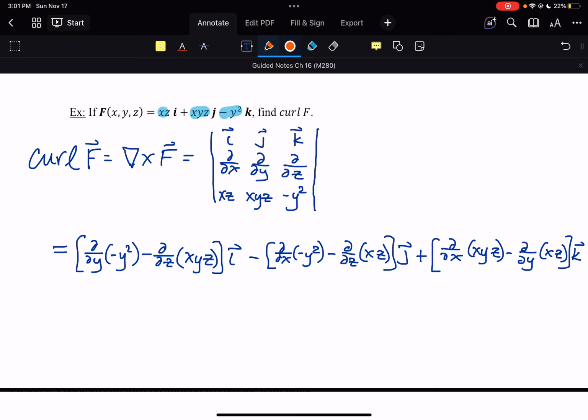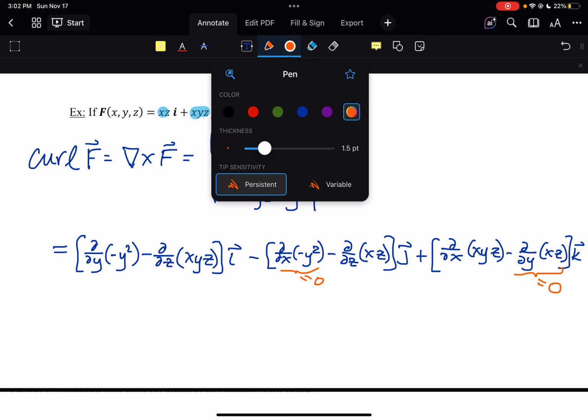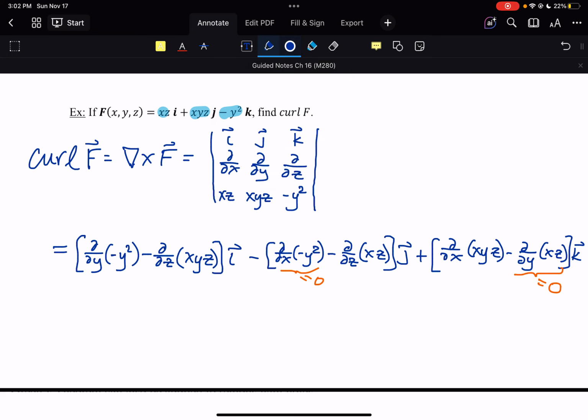We get a lot of simplifications in this one. Like that one, there's no x's, so that becomes 0. This one, there's no y, so it becomes 0. So we take these corresponding partials, and we're going to get negative 2y minus xy.